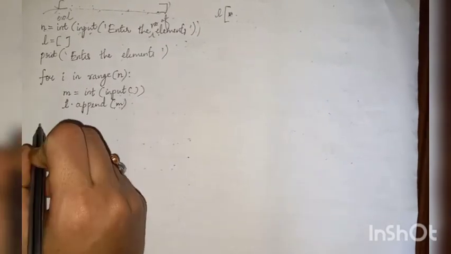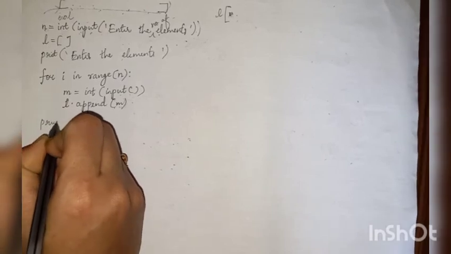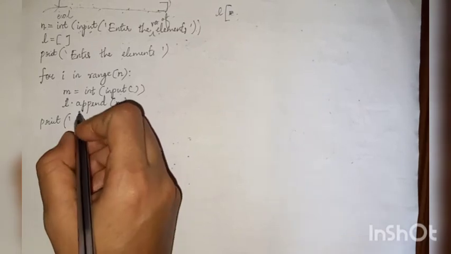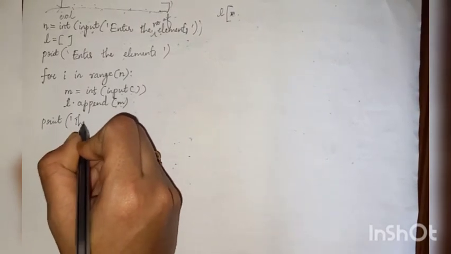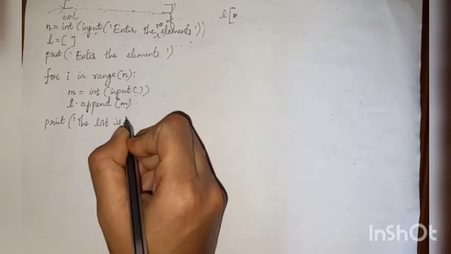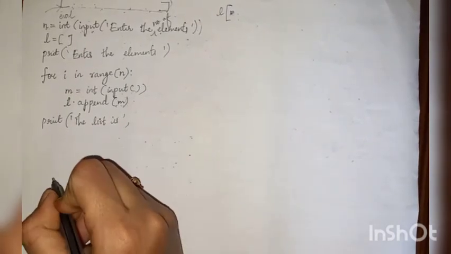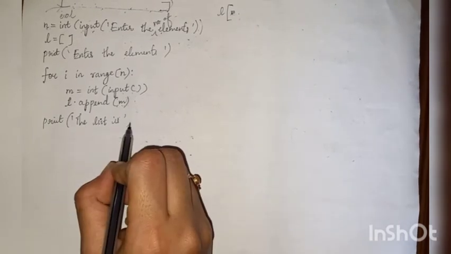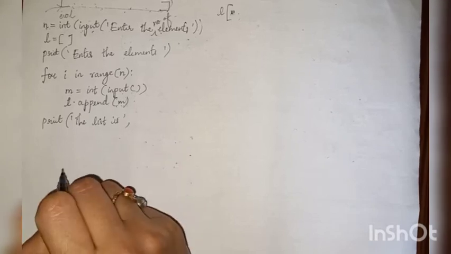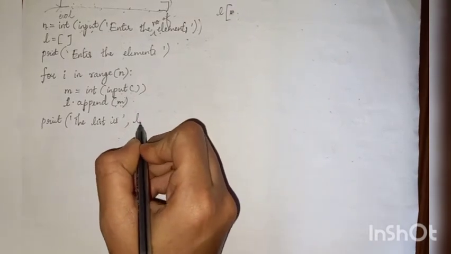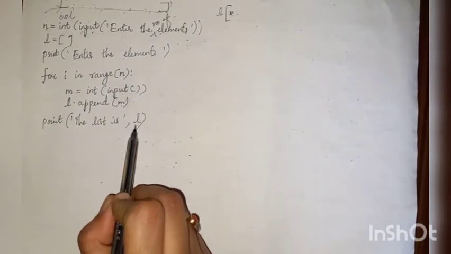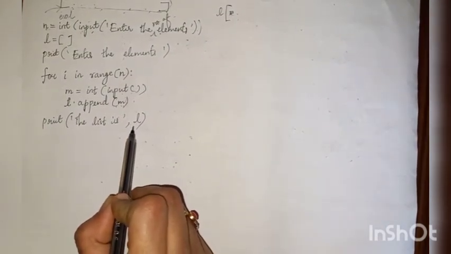To display our list, we can write print, and inside the print statement, just to understand that it is the list, in single quotes I will write the list is, single quotes close, comma, then outside the single quotes, separated by comma, I am giving the value L. So L is not enclosed in single quotes, so L is having a value.